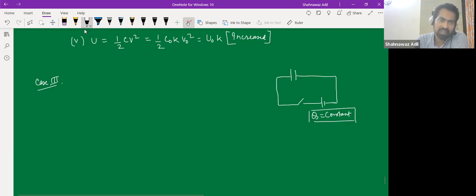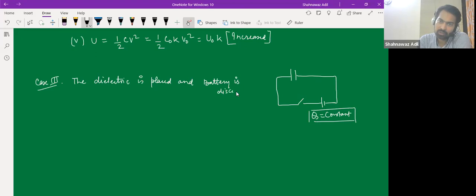Okay. Now the third case is that the dielectric is placed and the battery is disconnected. So in this case, what do we have?